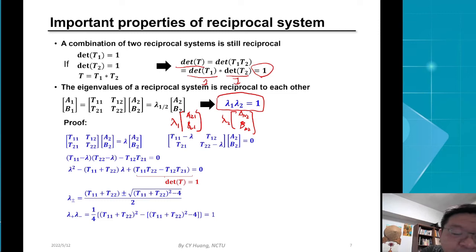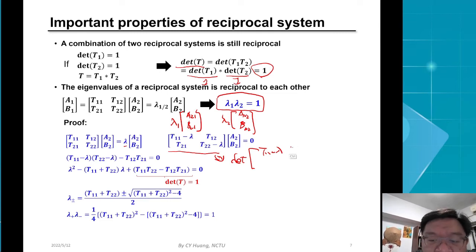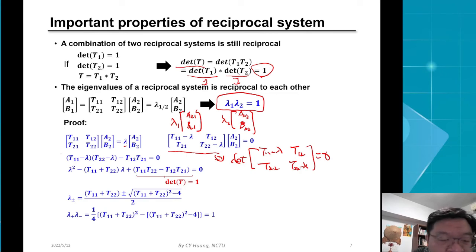And the proof is following. We just do the common linear algebra. Move lambda times I to the other side, so it becomes a new matrix times an arbitrary vector equal to 0. For a non-trivial solution, it needs the determinant to be 0. So in this case, the determinant of the matrix with T11 minus lambda, T12, T21, T22 minus lambda should be 0. After some mathematical deduction, and using the fact that the determinant of T needs to be 1, the lambda has two solutions.